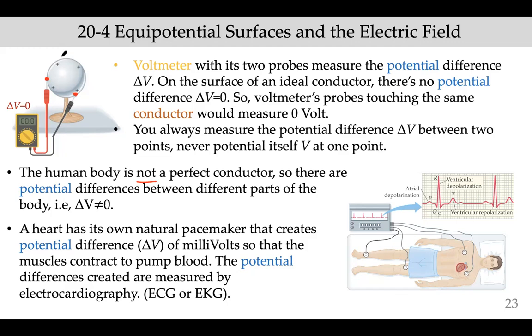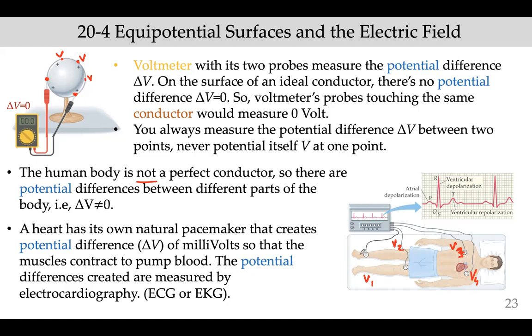Remember, at a perfect conductor, at every point you have the same potential. But if you have an imperfect conductor like the human body, the potential at different points will be different. So there are potential differences between different parts of the body.